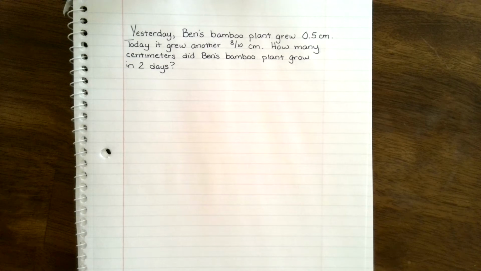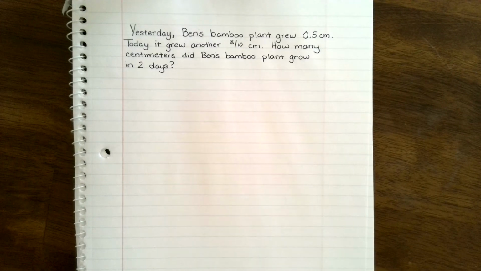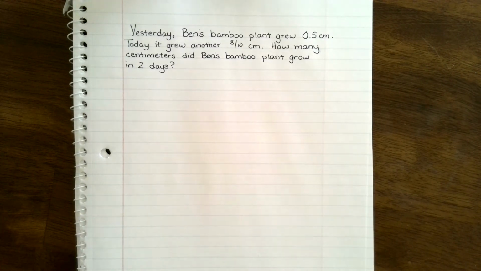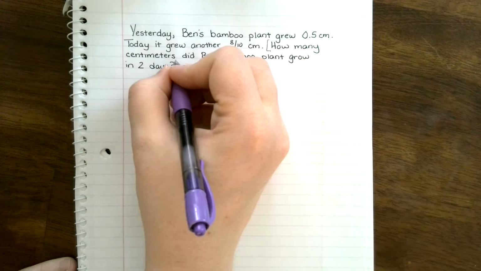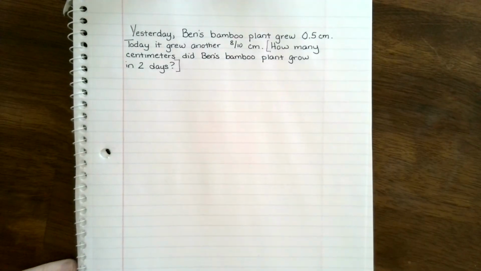So I want you to think for just a second, how can we turn that into an answer sentence? And again, anytime you want to pause and think or pause and write something down, you're welcome to do that. So my question was how many centimeters did his plant grow in 2 days?